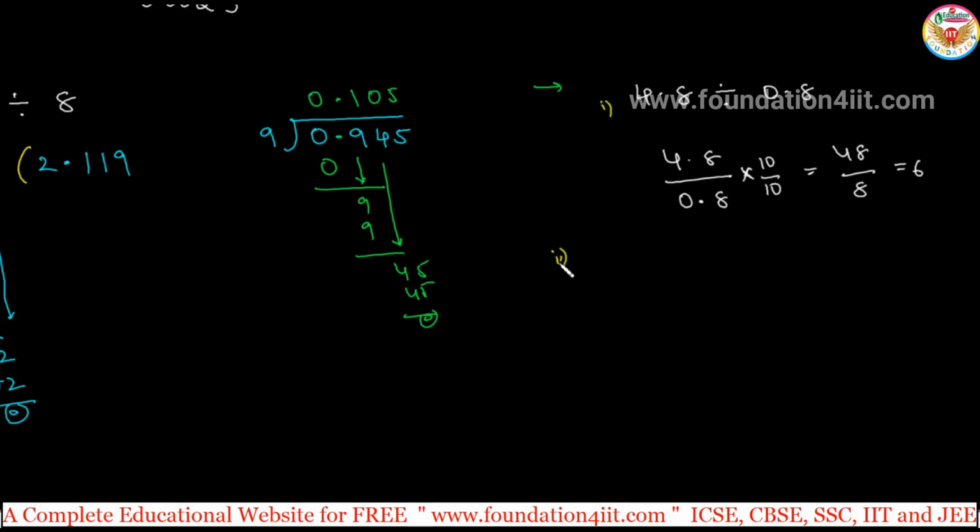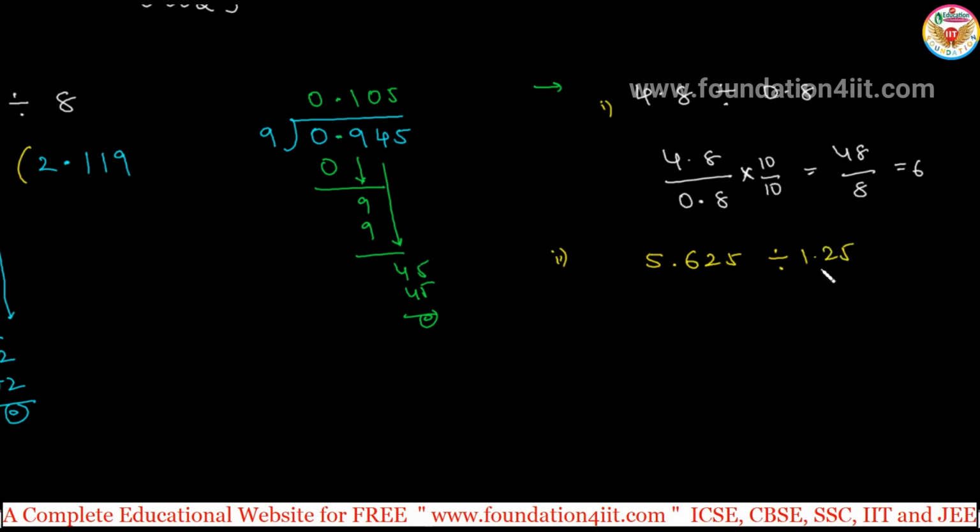See one more example. For example, 5.625 divided by 1.25. So in this, the numerator and denominator: the denominator has two decimal places.